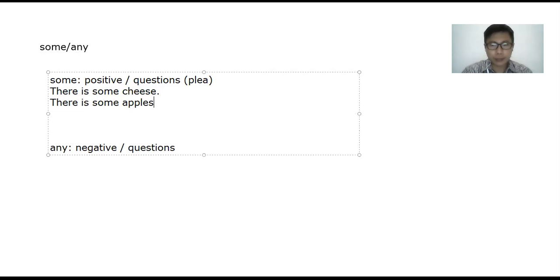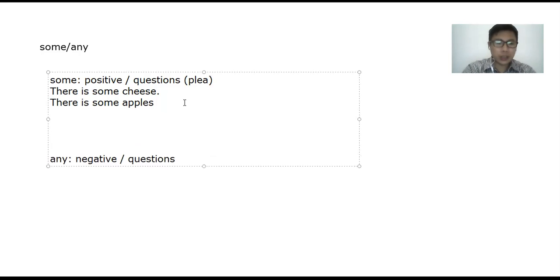So yeah, you could use it. Sometimes I also get confused between some and any, but just remember that some is for the positive and any is for negative. That's the point of some and any, because you could not say there is any apples.